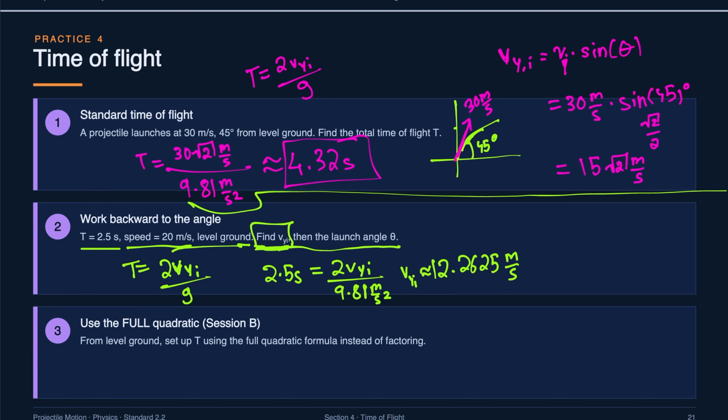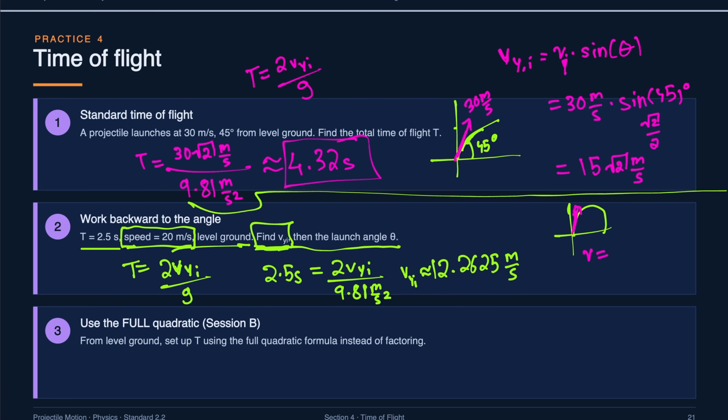What am I given? I'm given that the speed is 20 meters per second. So that's the initial velocity vector over here. The speed is just the magnitude of this velocity vector. So we know that this is velocity y initial.